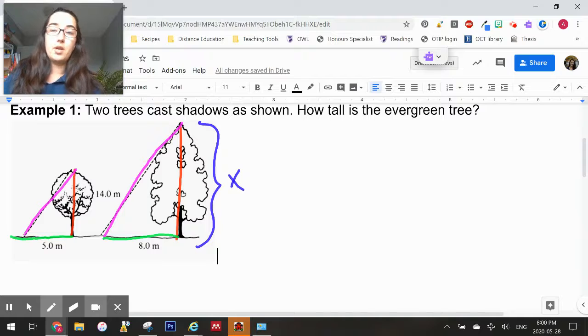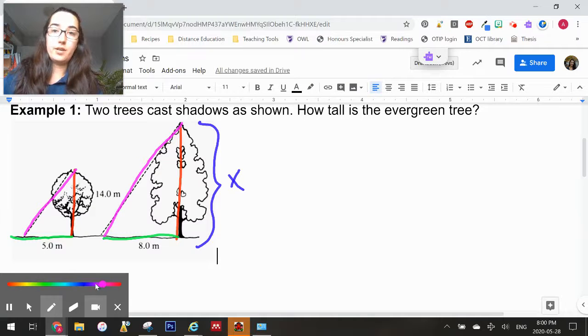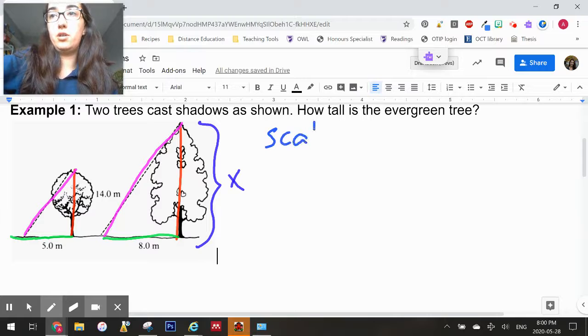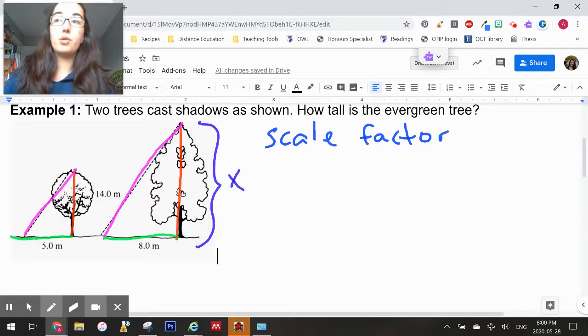Okay? Using this information and the fact that they're matched up, we can now find our scale factor. In order to find the scale factor, I'll do this in blue. So our scale factor is going to be, in this case, 8 divided by 5.